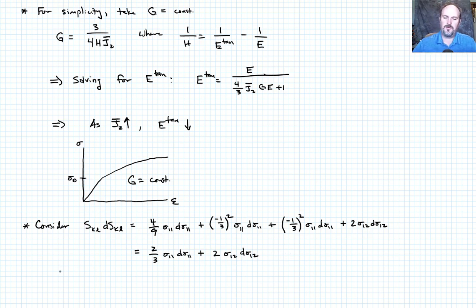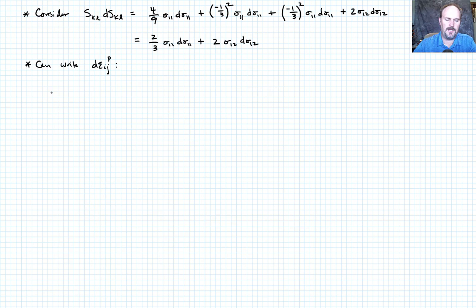So that lets us write the plastic strain increment now. We can say d epsilon ij p is going to be equal to G, which is now constant, times the quantity 2/3 sigma 11 d sigma 11 plus 2 sigma 12 d sigma 12 times Sij.